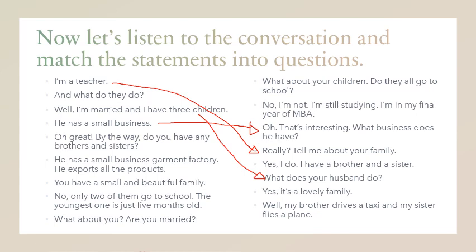All right. So, what's the next statement, students? Okay, she said he has a small business garment factory. He exports all the products. And then, what do you think was the supportive question? Okay, so as you heard, this is the supportive question, right?